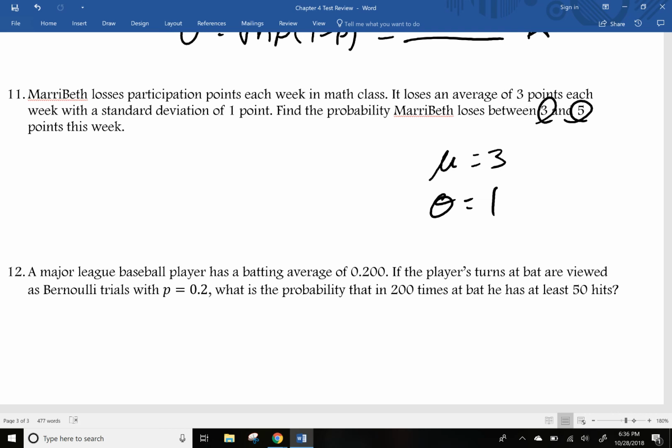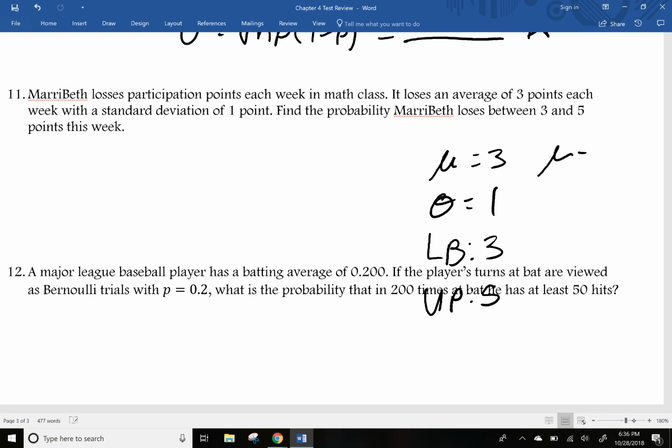Now actually, well, it shouldn't really matter, but you could use the mean as -3, and then the lower bound is -5 and the upper bound is -3, but I think it should be the same. I'll let you guys experiment with that. So try it on your calculator, see if it works, with the lower bound of 3 and the upper bound of 5.